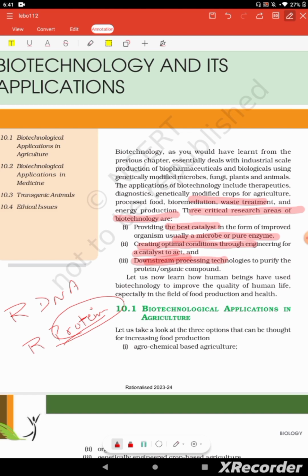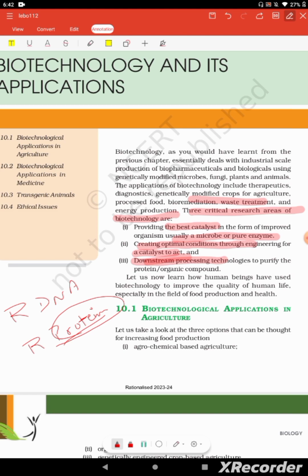That is downstream processing. Also for stabilization some preservatives are added. So that process purifies the protein and organic compound which you have extracted through recombinant DNA technology.